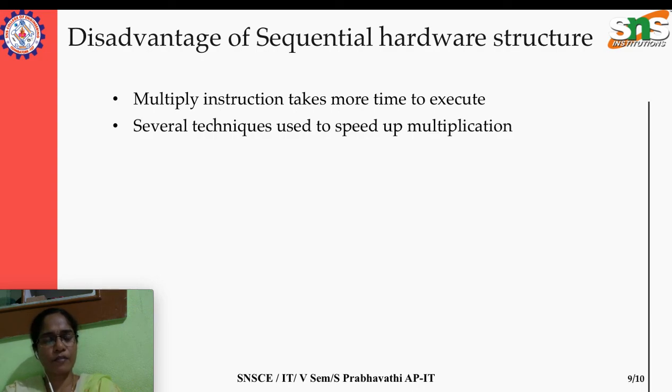Today we have seen multiplication of positive numbers, for positive numbers alone. For that we have seen hardware implementation in two different ways: combinational circuit design and sequential circuit design.